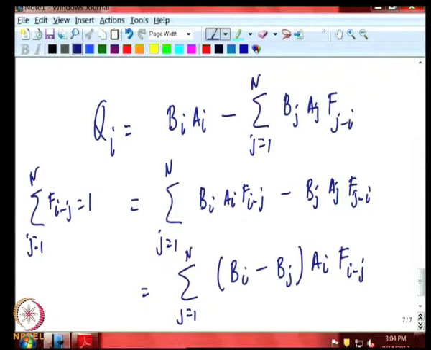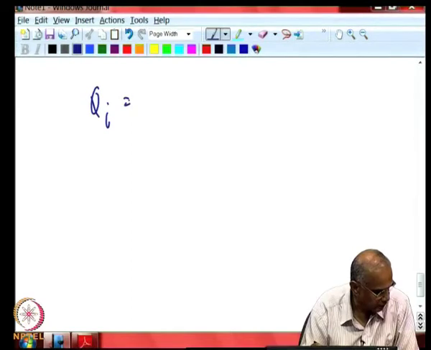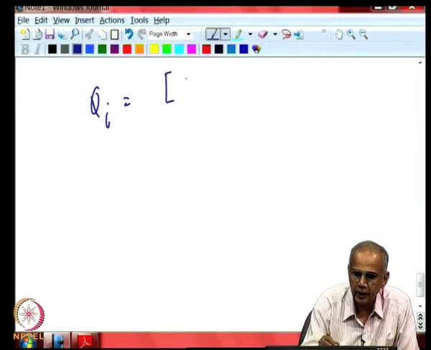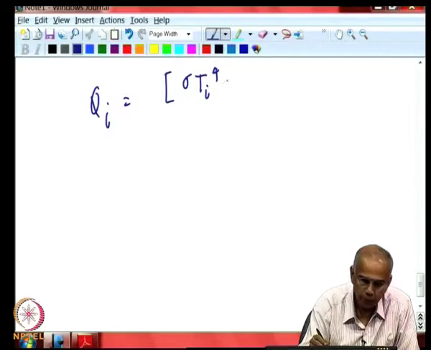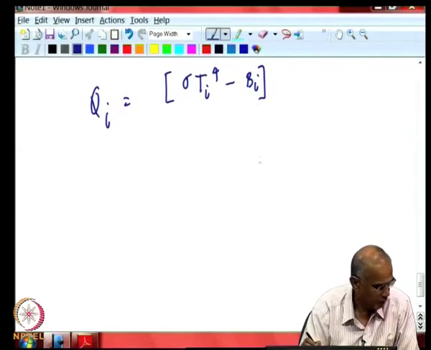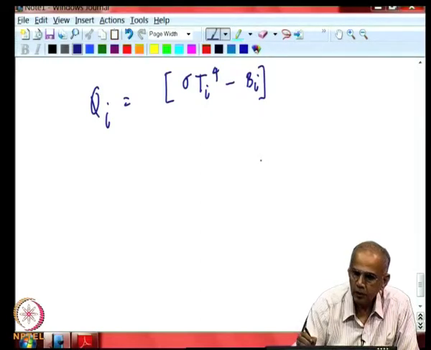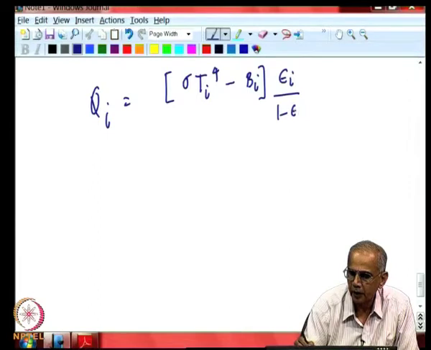We can also combine the two expressions we derived for the heat transfer, and we can write Q_i, by eliminating the irradiation, as sigma T_i to the power of 4 minus B_i, into epsilon_i by 1 minus epsilon_i into A_i.